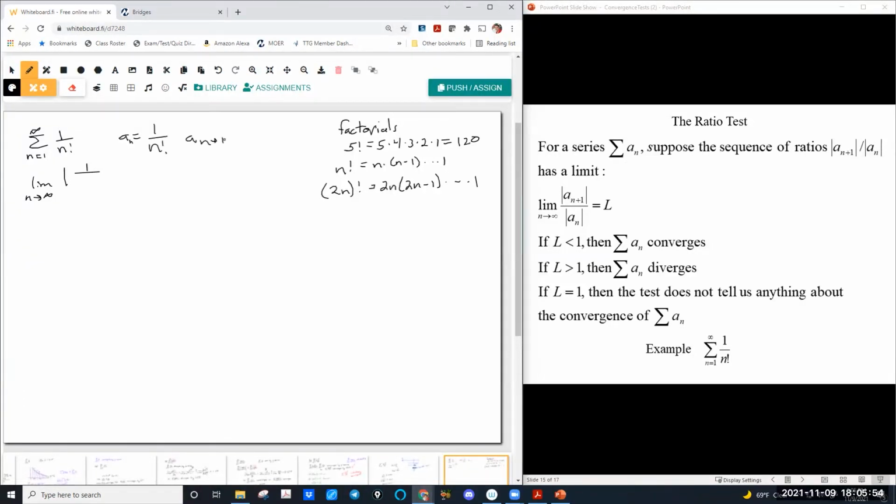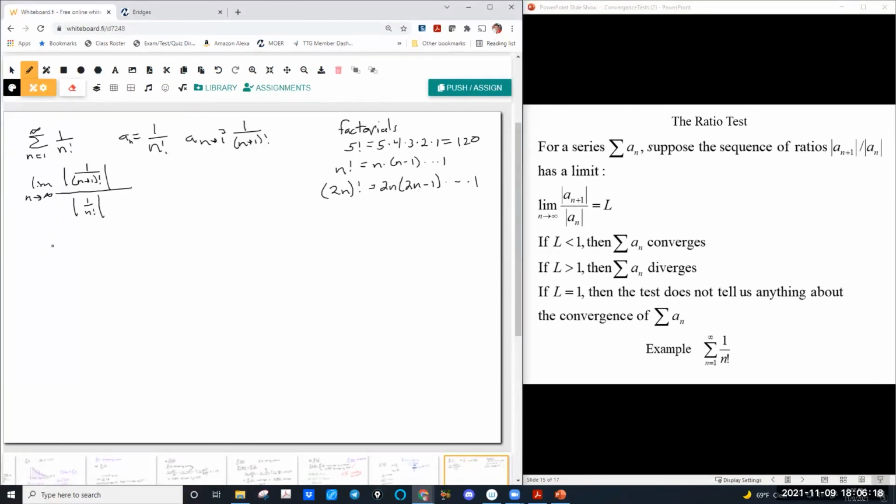Then that makes a sub n plus 1 equal to 1 over n plus 1 factorial. So on top is 1 over n plus 1 factorial. On bottom is just a sub n, so 1 over n factorial.